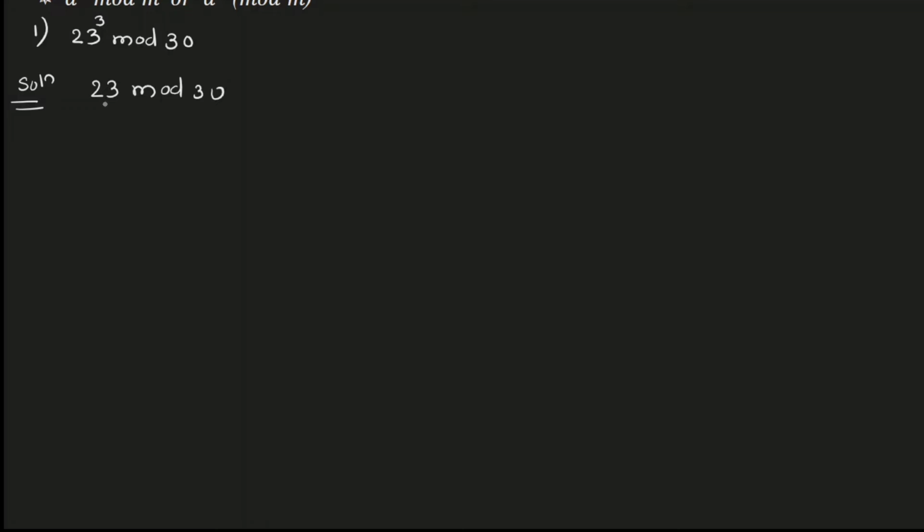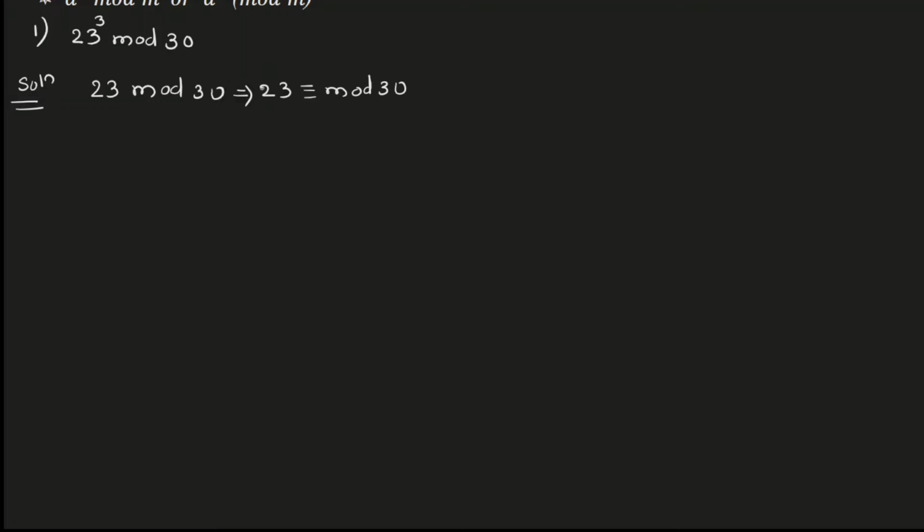What happens when we take 23 mod 30? 23 is congruent to what, mod 30? What will be the remainder?